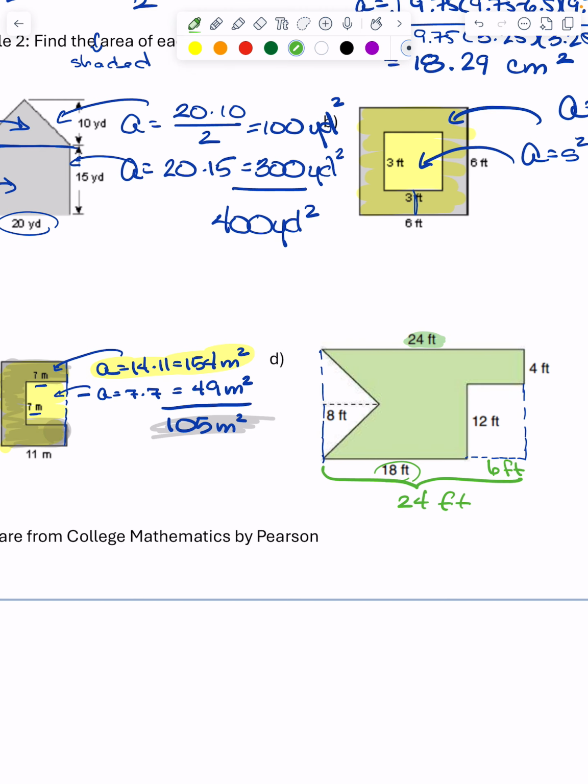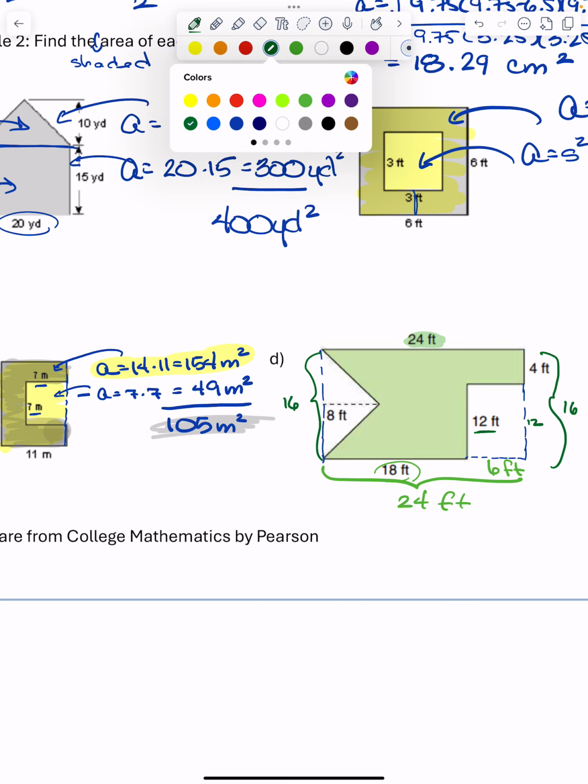I don't have the width, but what I do have is this 12, which means this is 12, which means the whole side is 16, which means this opposite side is 16. It is a rectangle, so opposite sides are the same length.